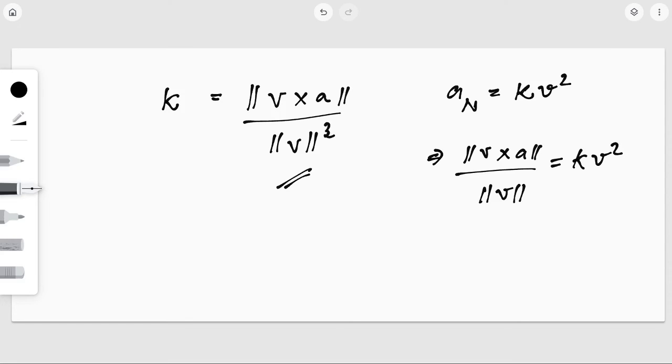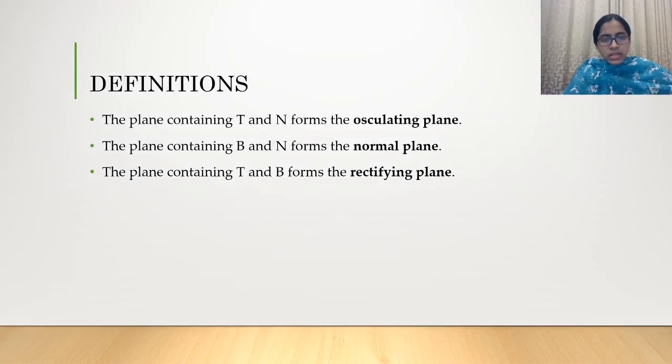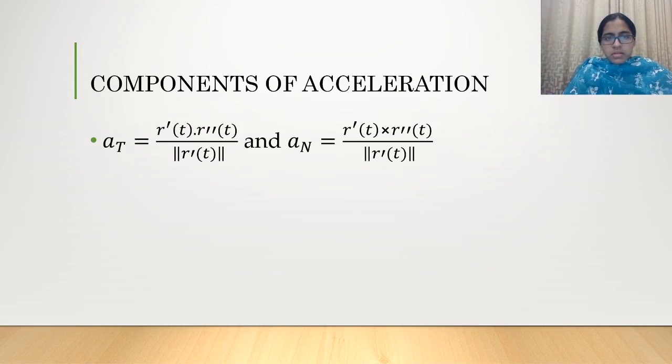Now we can see that what we did was we solved the definition of the components of acceleration in terms of r dash of t and r double dash of t. So clearly a t is given by, as we had done before, a t was none other than dv by dt.